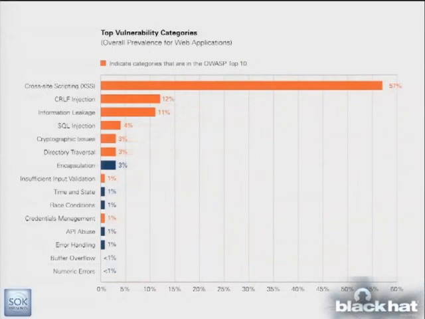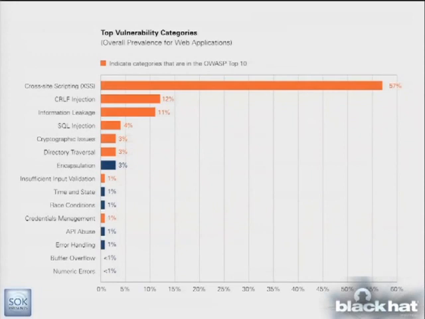This is a different view of the data, looking at the counts of vulnerabilities. The last chart counted one or more of a vulnerability in an application, and this is the raw count of vulnerabilities. You can see that 57% of the vulnerabilities we find are cross-site scripting. It dwarfs everything else because it's so prevalent.